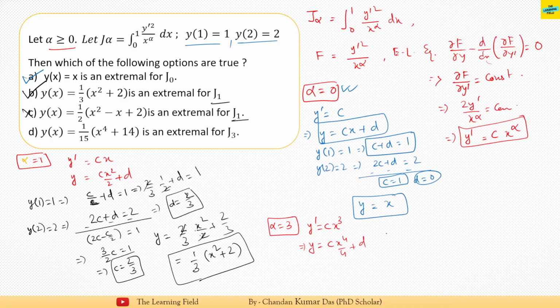Fine. So now y1 equal to 1 gives c by 4 plus d, this is equal to 1.